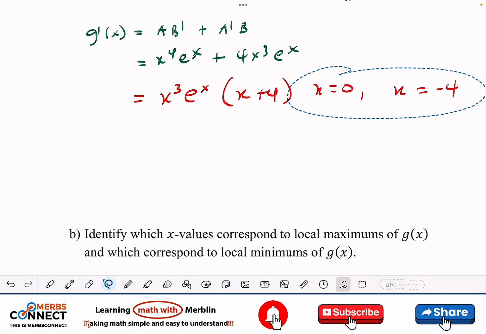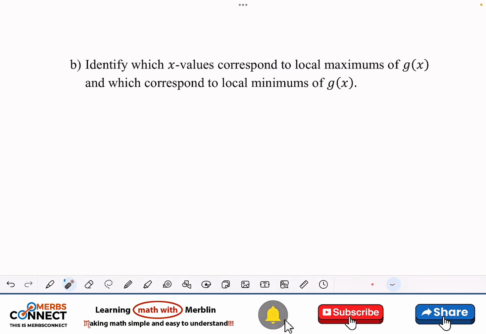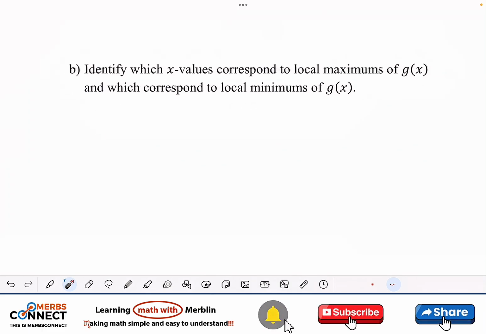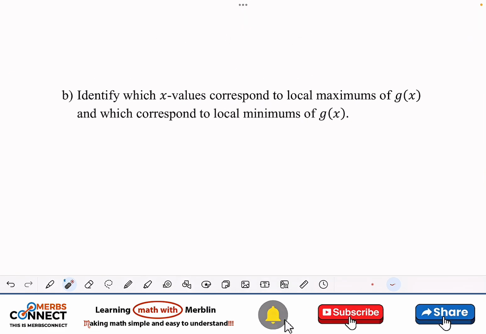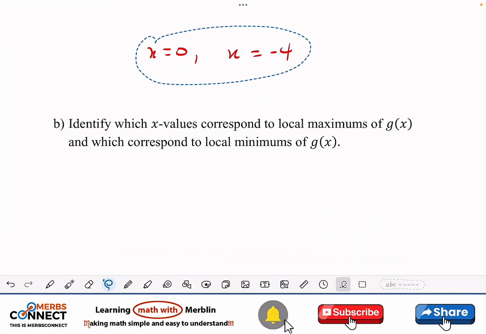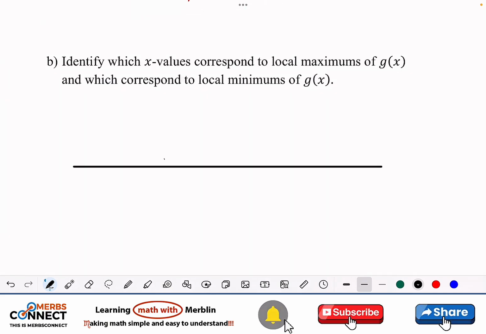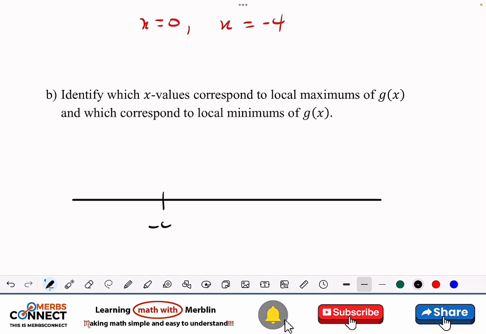Okay, so these are the critical values that we have. So let me just put them here. Now, basically, we are going to talk about local minimum and then local maximum, right? So we need our sign chart. Let's talk about sign chart. Nice. So let me put minus 4 here and let me put 0 here. Don't forget, we are using G prime of x.